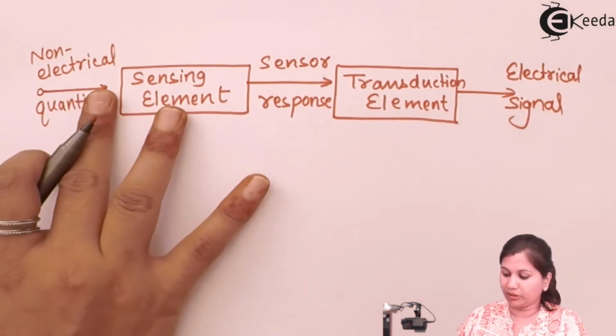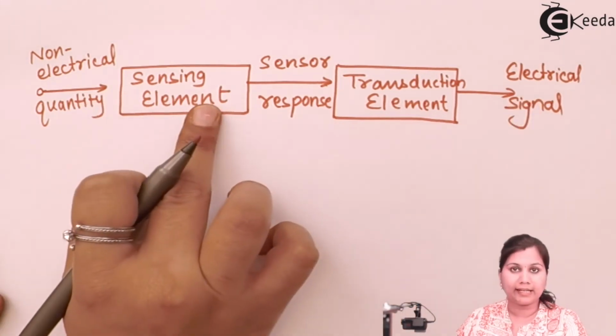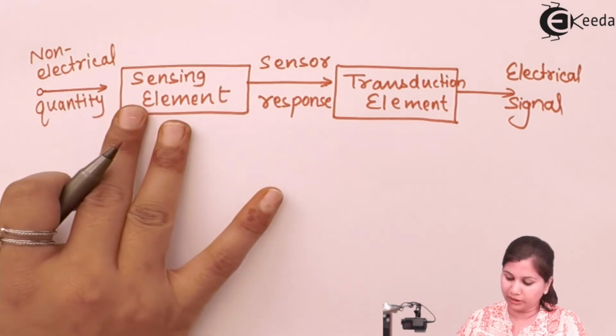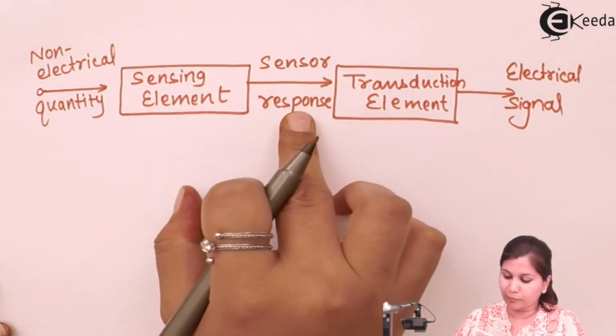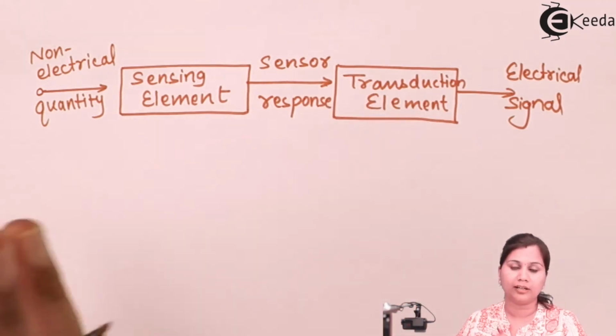It is converting a non-electrical signal into an electrical signal. First is the sensing element. The sensing element is sensing the non-electrical quantity, then giving the sensor response to the transduction element, and this transduction element is doing the conversion.